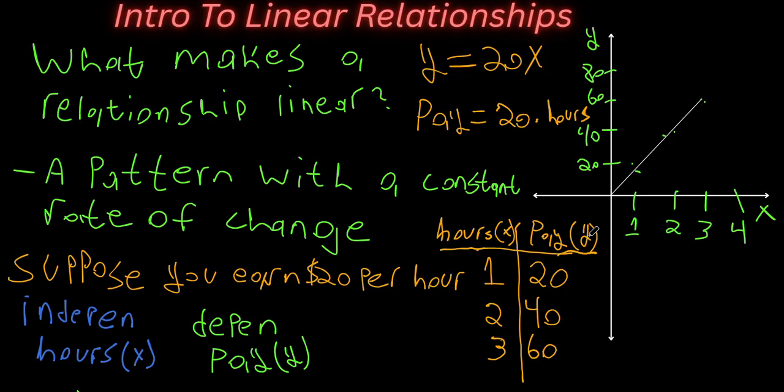And actually, one thing I just want to rehash is that I want you to understand the x and the y. The x in this case is representing your hours, and you know what your pay rate is.